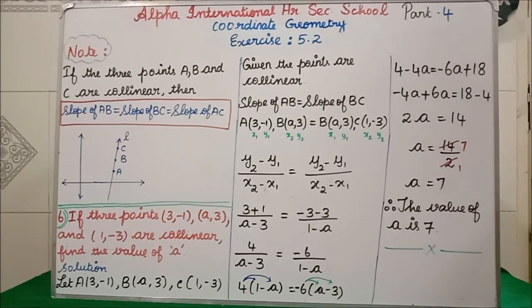If this 4 comes this side, minus 4. Minus plus means we have to subtract. 6 minus 4 is 2a equal to 18 minus 4 is 14. Next step, 14 divided by 2. If you cancel, we are getting 7. Therefore the value of a is 7.